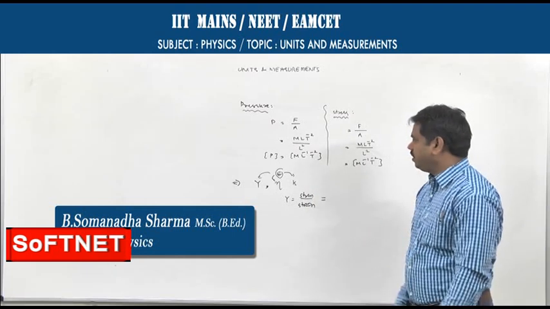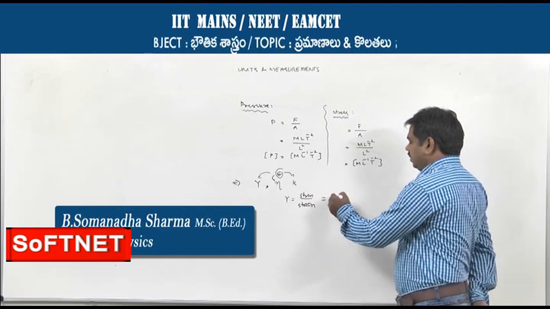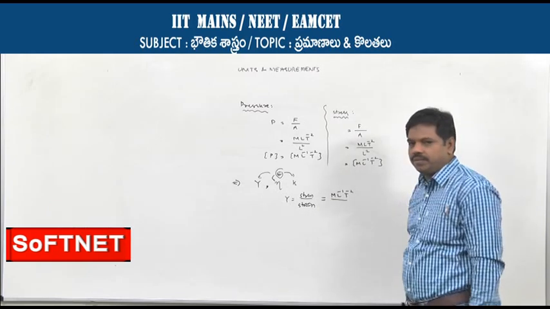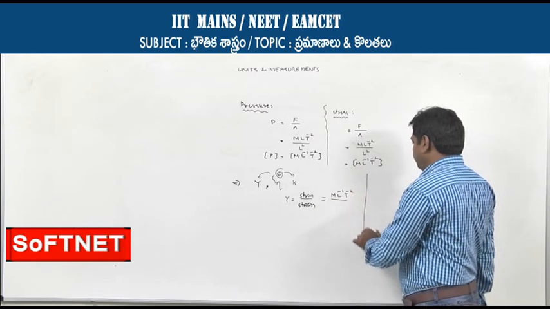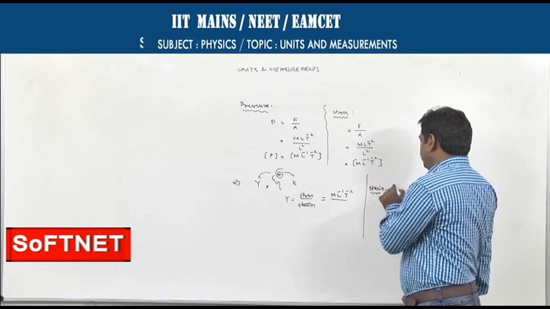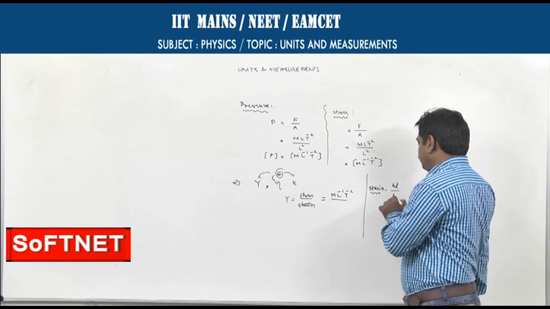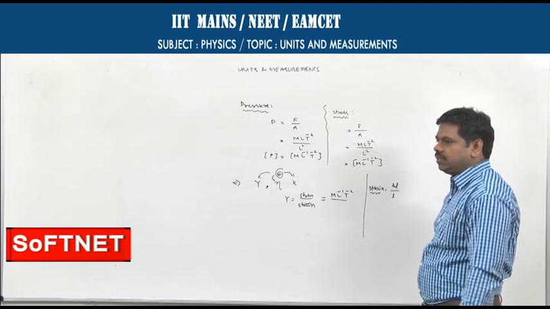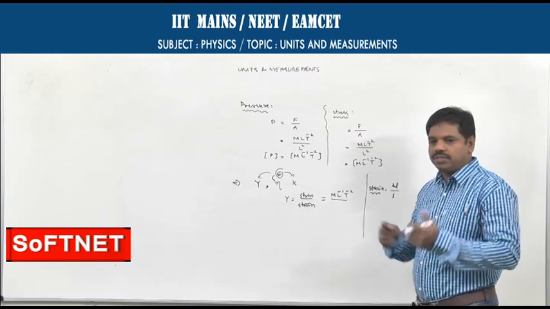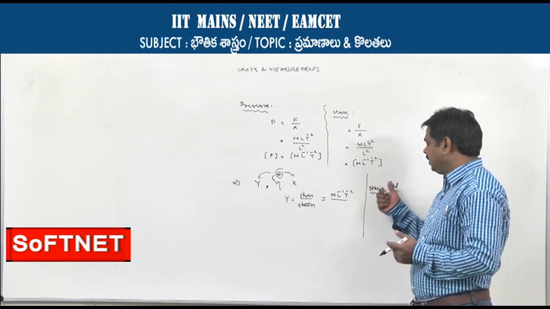Now, the stress dimensional formula, just now we discussed, is ML^-1T^-2. Strain: you have to know what the strain is. It is simply the change in the dimension by the original dimension. For example, if you take a wire and apply some longitudinal force on it, there will be a change in the length.